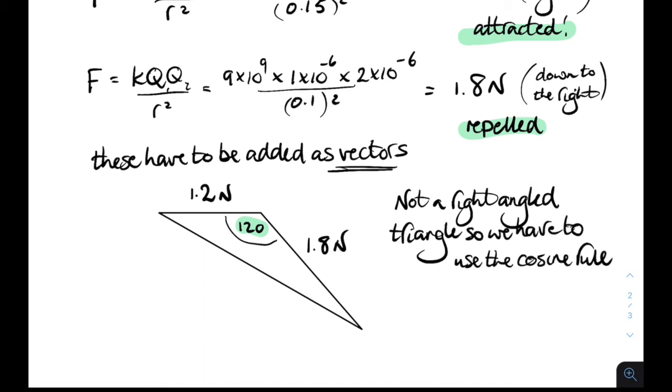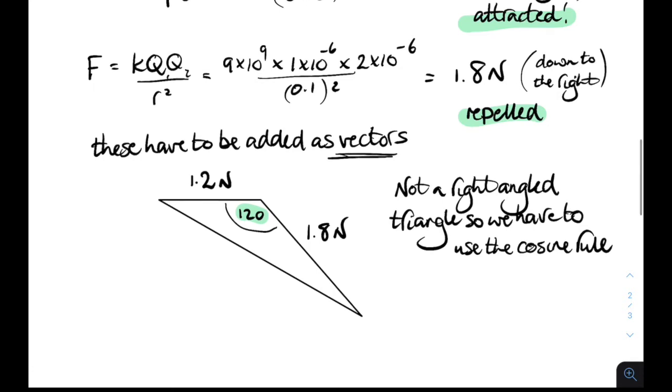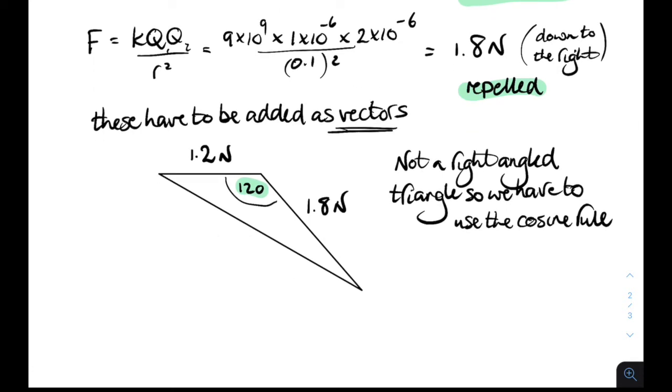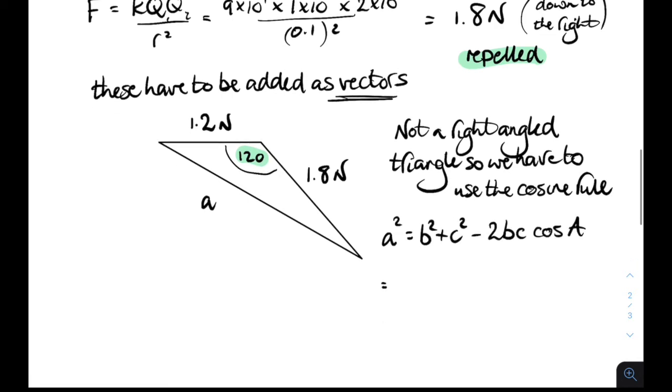If we want to find the third side of that triangle, we're going to have to use the cosine rule. You remember the cosine rule? a squared is b squared plus c squared minus 2bc cos A. Substitute everything in for b and c: 1.2 squared plus 1.8 squared minus 2 times 1.2 times 1.8 times the cos of the angle.